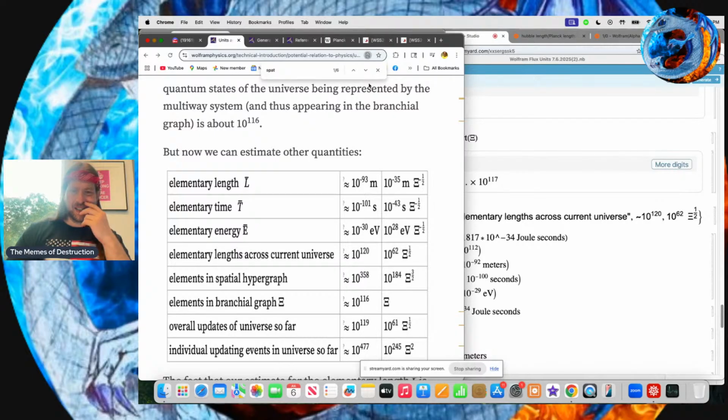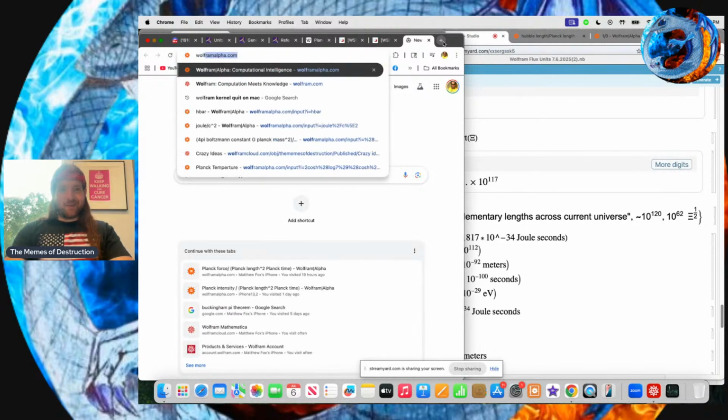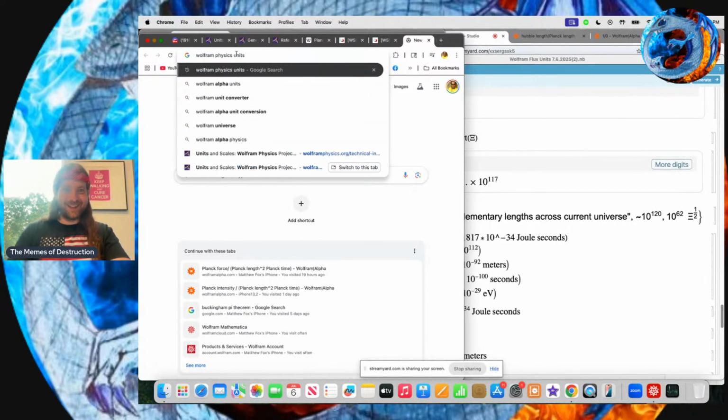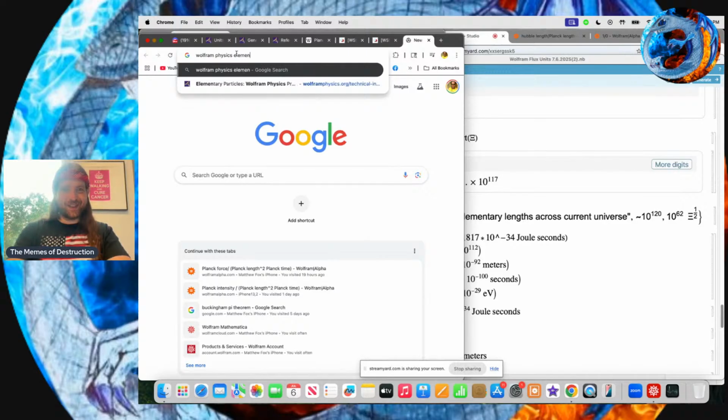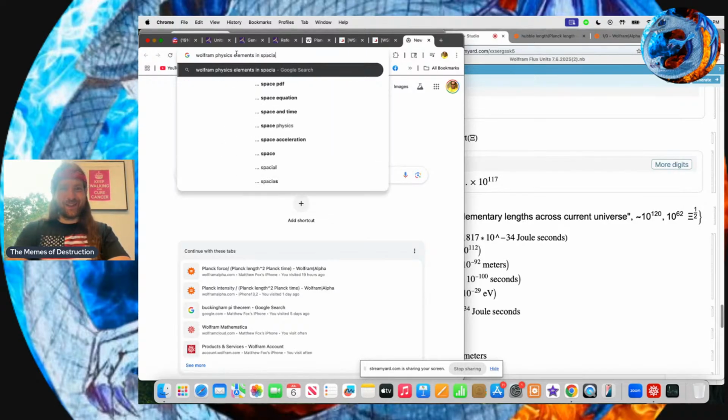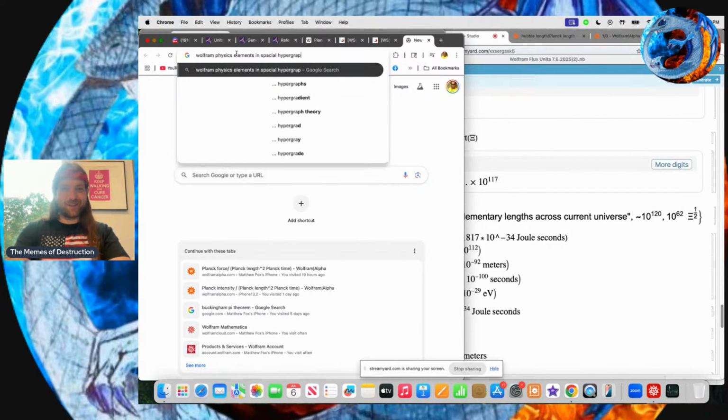Alright, Wolfram. Physics. Elements. Spatial hypergraph.